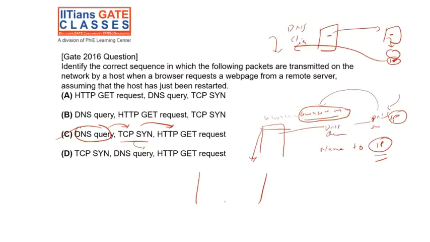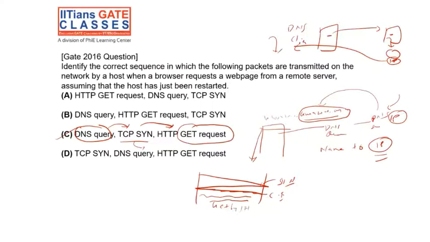Because HTTP uses a TCP connection, connection establishment is done first, so here we send the SYN packet. After that comes data transfer, meaning whatever you want, a GET request by HTTP. This is the data transfer phase.